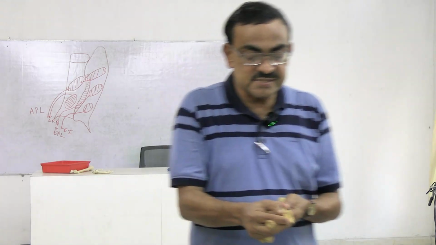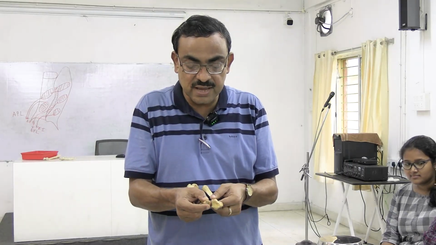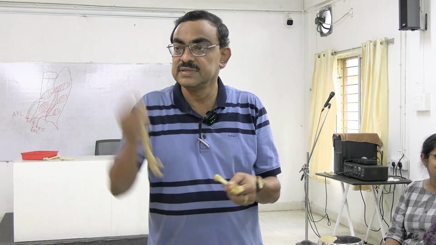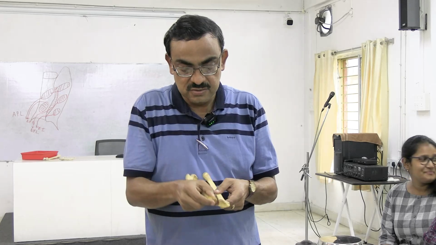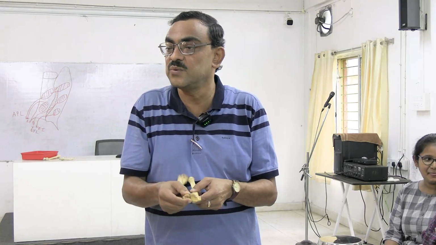Now on the medial side, we get an articular area for articulation with the head of the ulna. To form this joint, called the inferior radioulnar joint, any movable joint is called a synovial joint.